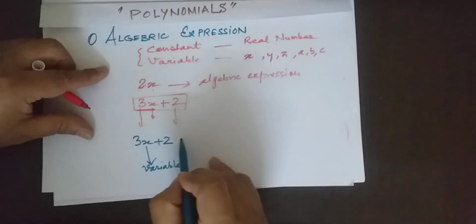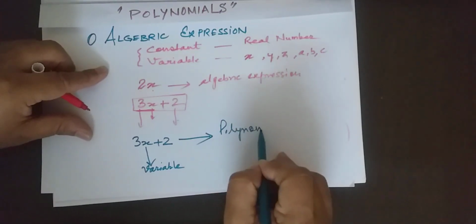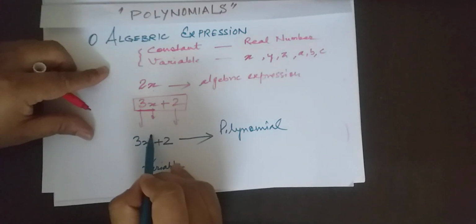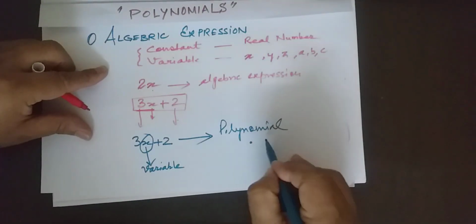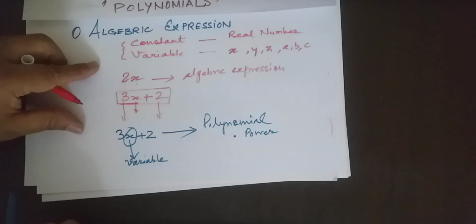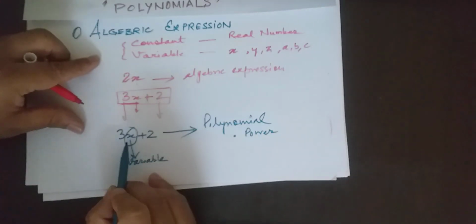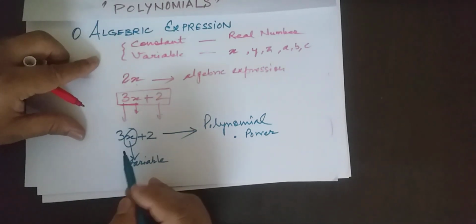So for this expression to become a polynomial, we must look at this variable x, then we must look at its power. And here the power of x is 1 or plus 1.